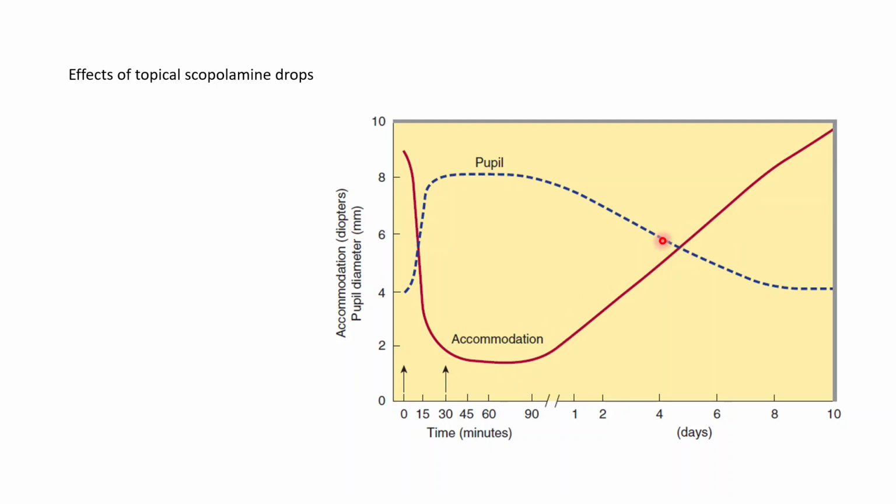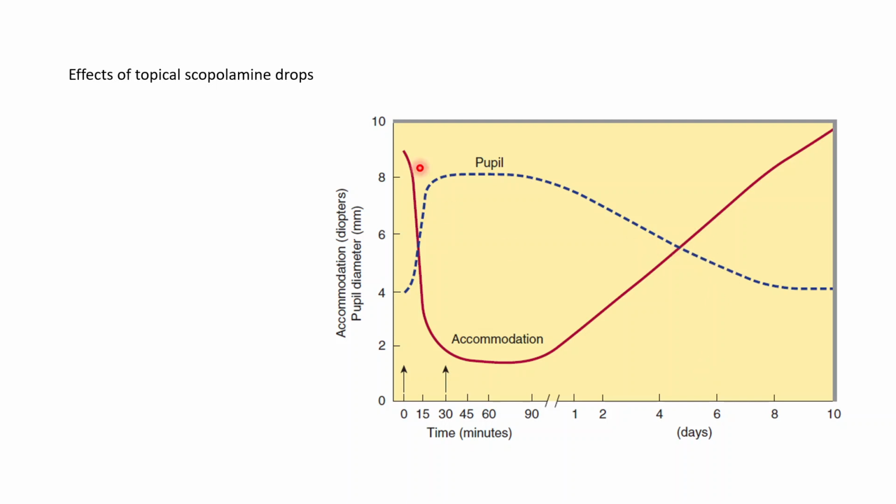So as you can see, both mydriasis and cycloplegia are still used in ophthalmology, but the action on the pupil is shorter, and that is why if women want to be beautiful all the time, they have to reapply the drug after about 6 days.